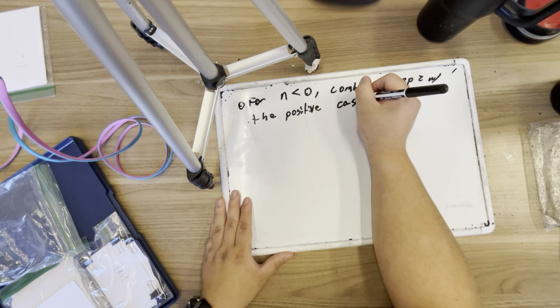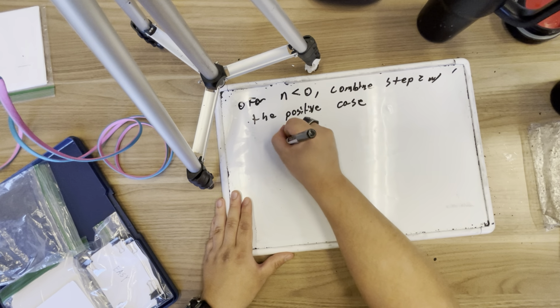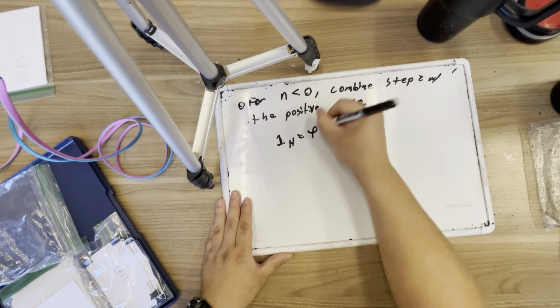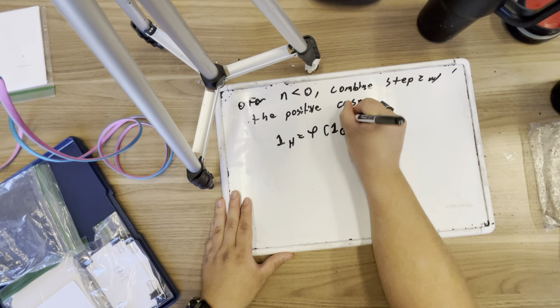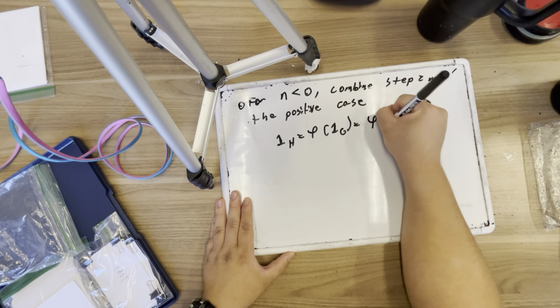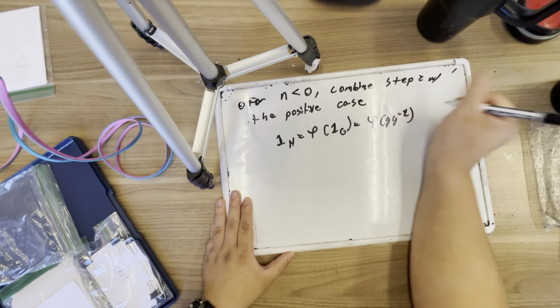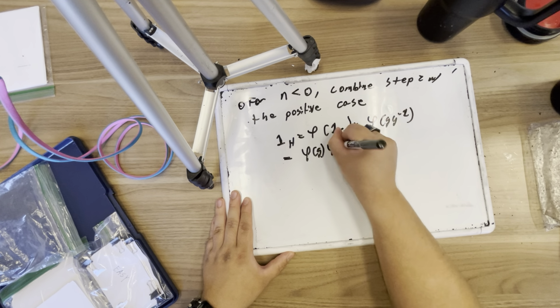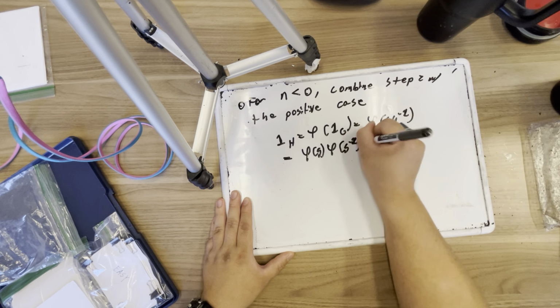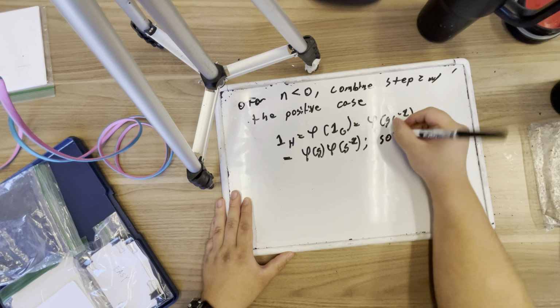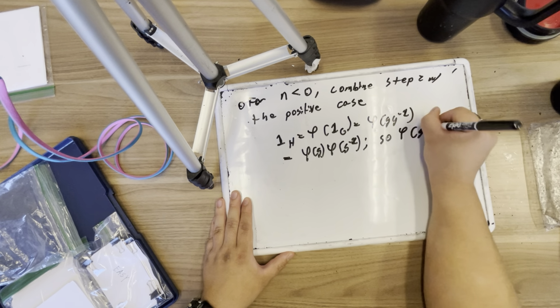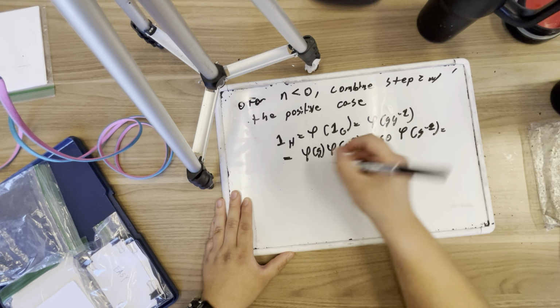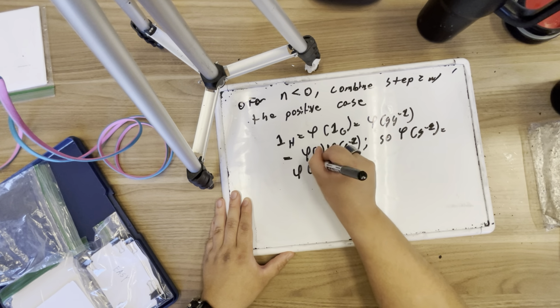So that is to say, for step 2 we had phi of 1 sub h equal to phi of g to the negative 1, which is equal to phi of g to the negative 1.